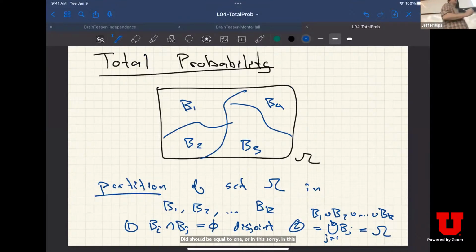So if I have a partition, every element from the original set is in one of the subsets. That means if I take the union of everything, I recover it, and there's no overlap. So we're thinking about, what if we divide a set up into these disjoint pieces, and the disjoint pieces cover the whole set.